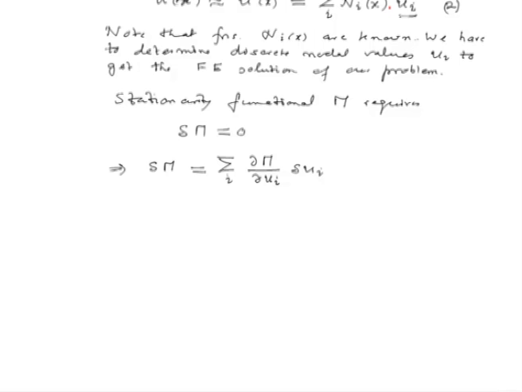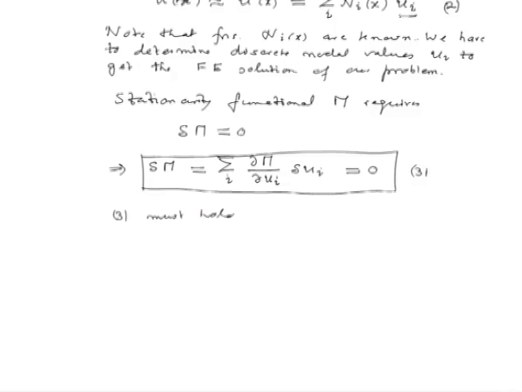Our approximate solution depends on these unknown discrete parameters u I. So, that is how the small change in pi can be represented, and this is what we want to set as 0. Let us call this equation 3.